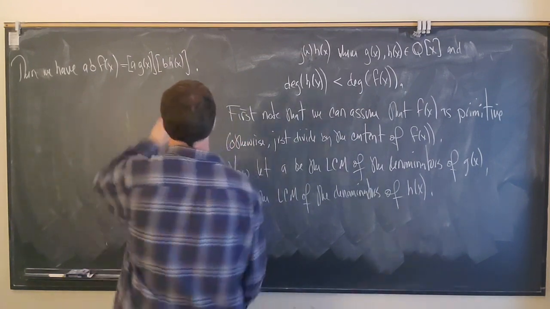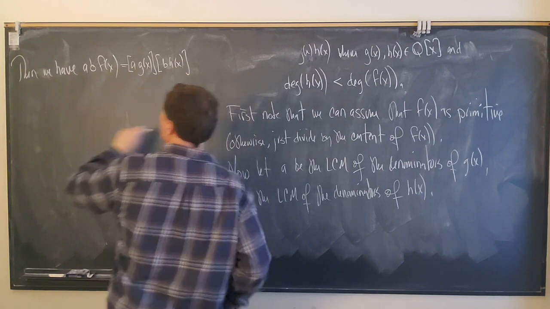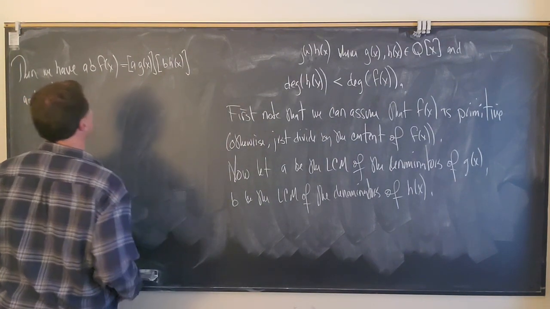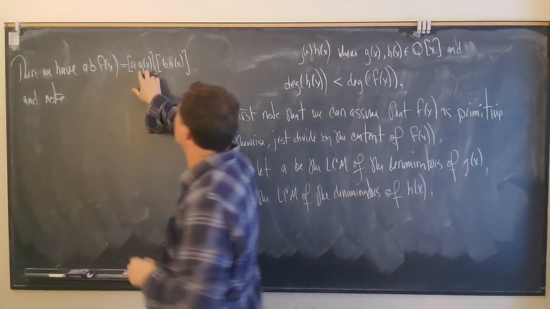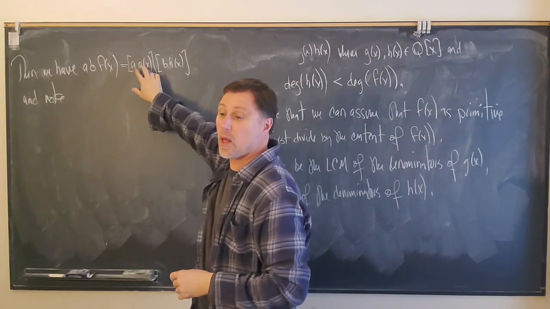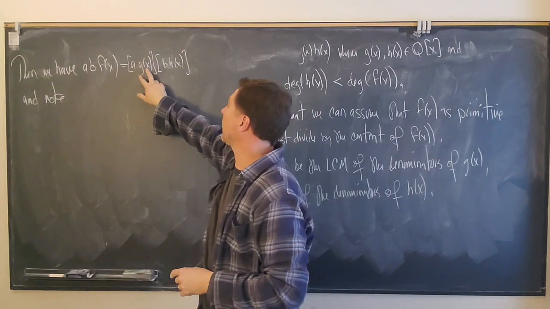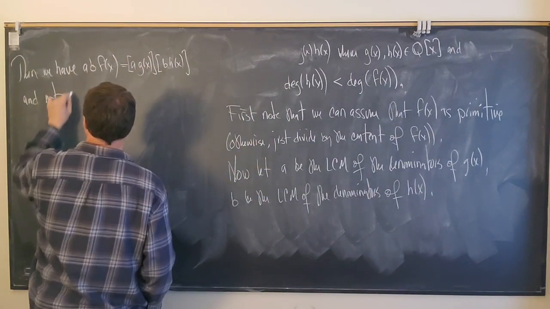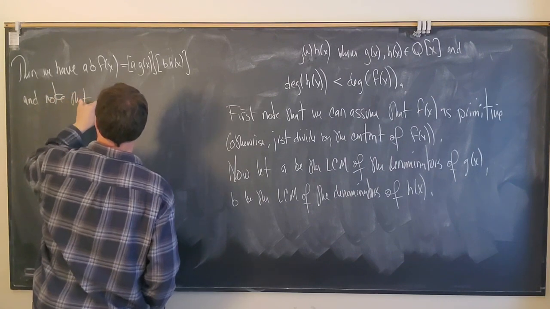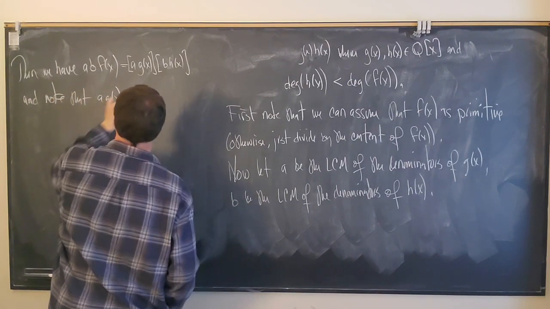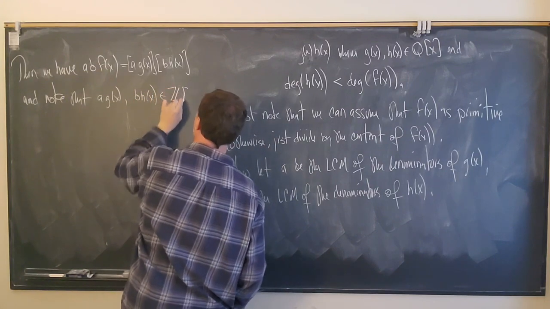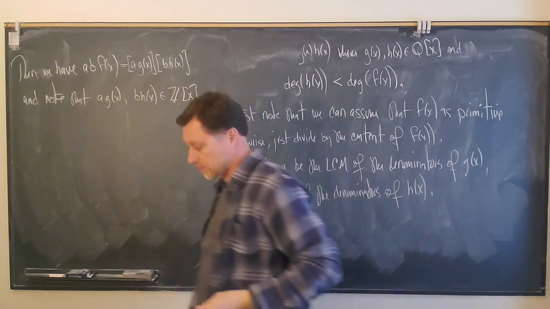And note what we did: we've cleared out the denominators of g of x. This polynomial right here lives in Z[x], and this one also lives in Z[x]. So note that a times g of x and b times h of x are in Z[x].